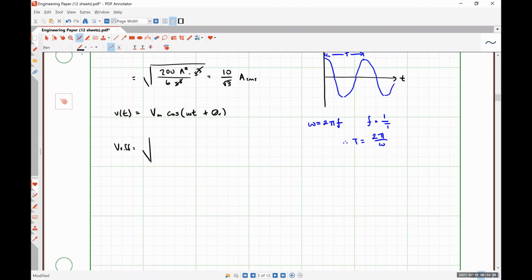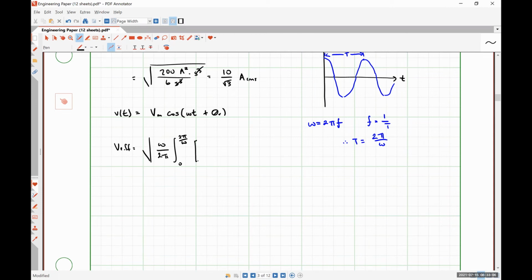So 1 over the period is going to look like omega over 2 pi times the integral over 1 period. We can arbitrarily integrate from 0 to 2 pi over omega of our voltage waveform squared.